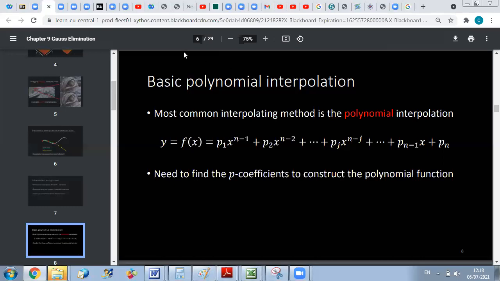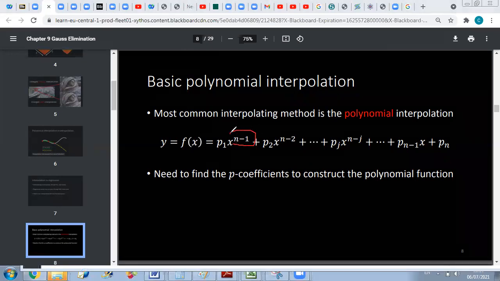So we can say that if we want to perform a polynomial interpolation of power n minus 1, then I need to define n unknowns, because for any polynomial of power n minus 1, you have n coefficients, which are p1, p2, until pn.